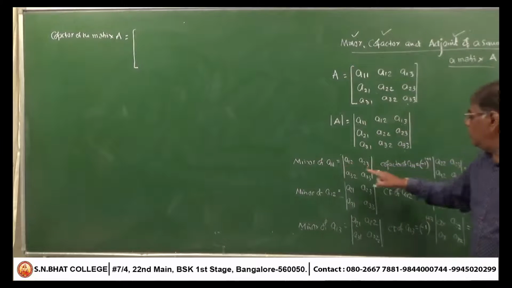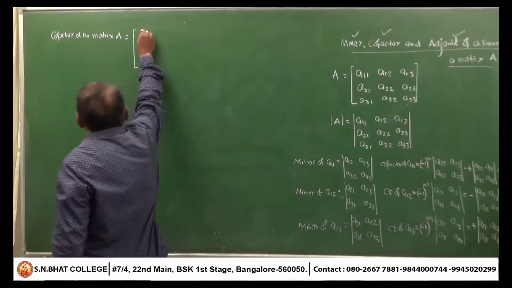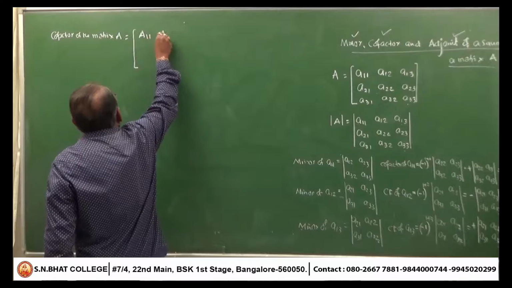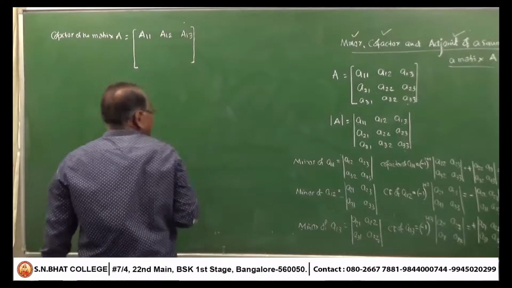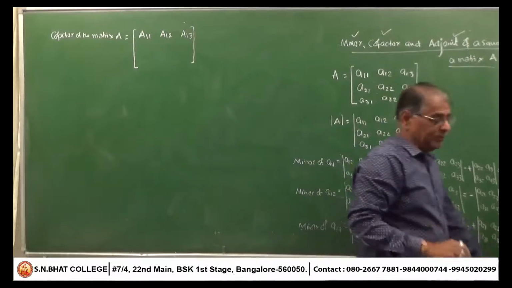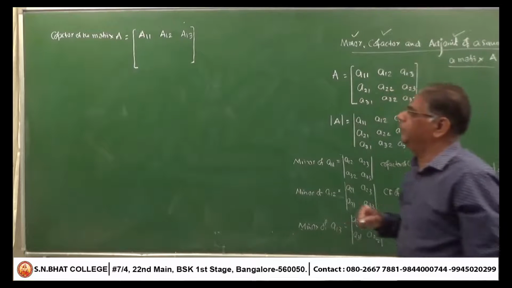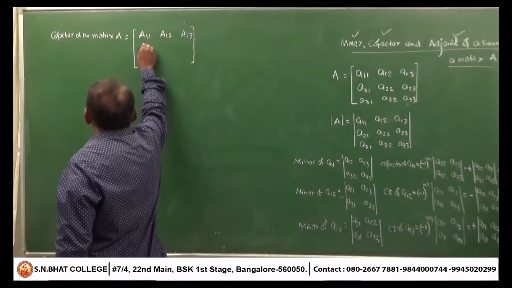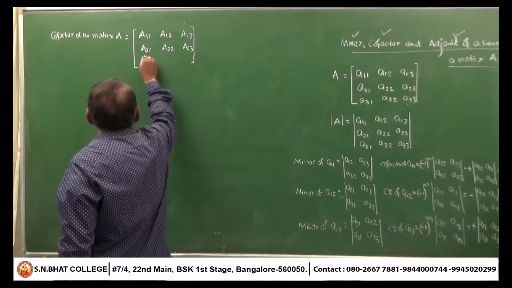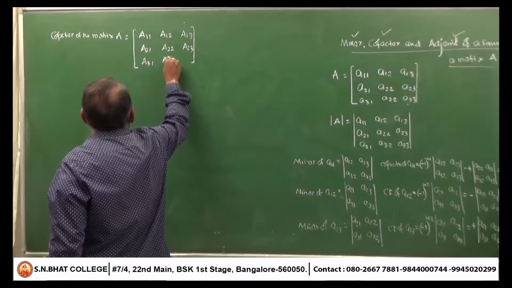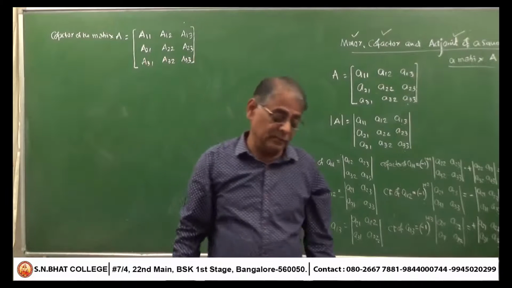See here, cofactor of A11 is capital A11. Cofactor of A12 is capital A12. Cofactor of A13 is capital A13. Similarly, write the cofactors of the remaining 6 elements: A21, A22, A23, A31, A32, A33. This is the cofactor of the matrix A.